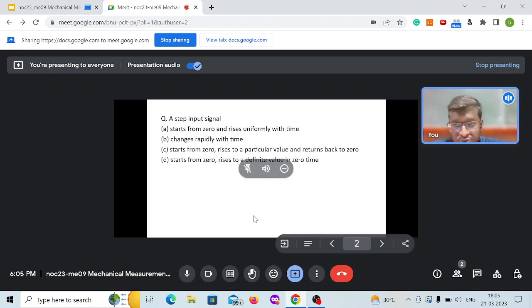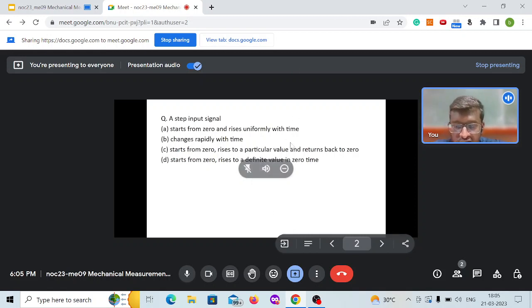So the initial one is about a step input signal. It asks what a step input signal basically is. Option A: starts from 0 and rises uniformly with time.